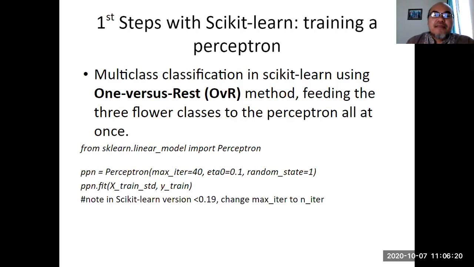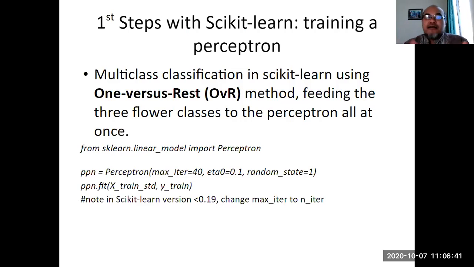Then ppn is the algorithm, the fitting variable, from Perceptron with maximum iteration of 40. Eta, remember, eta is the learning rate, is set to 0.1 here.